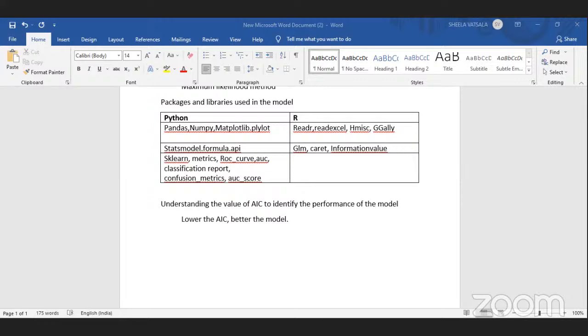Is it required for us to perform standardization during this logistic regression?